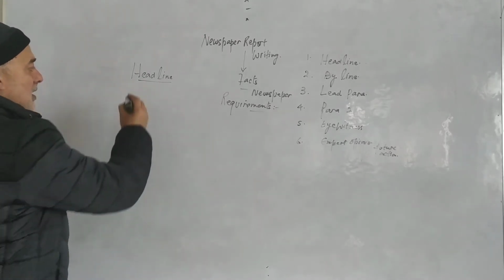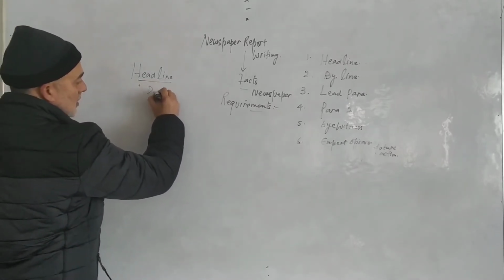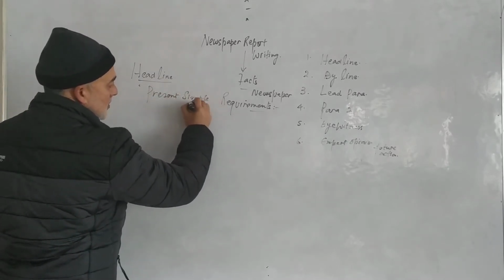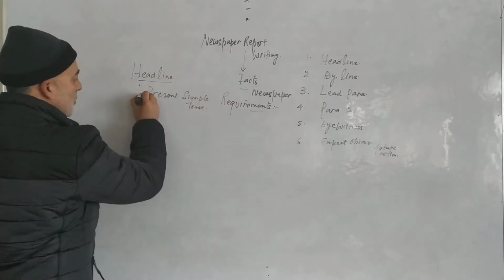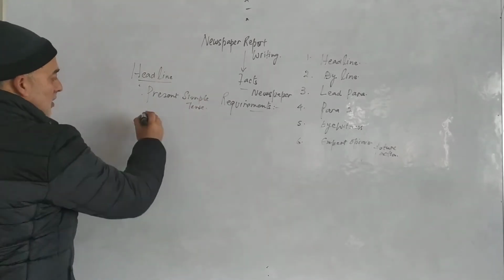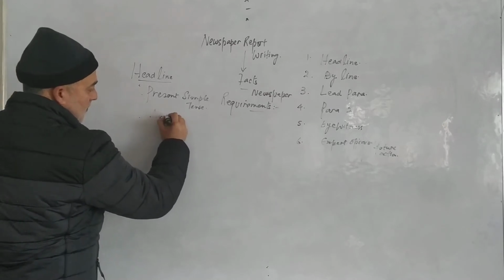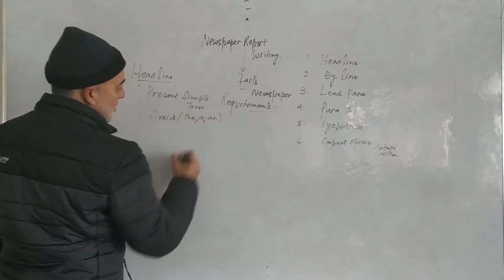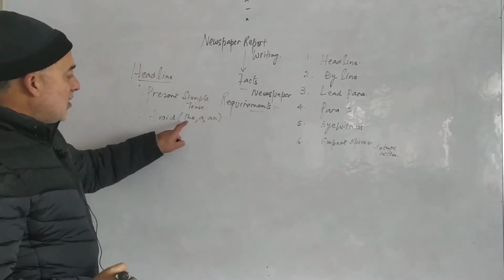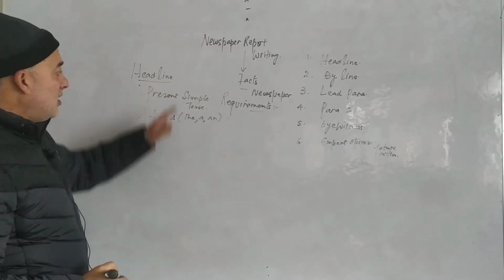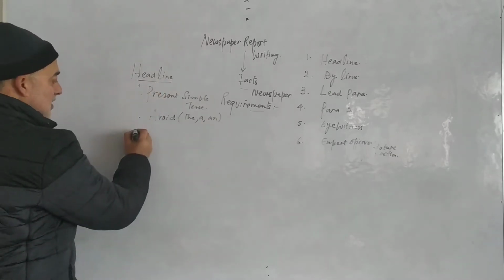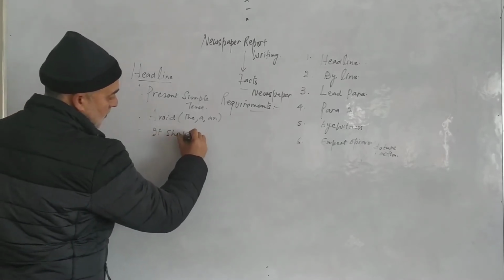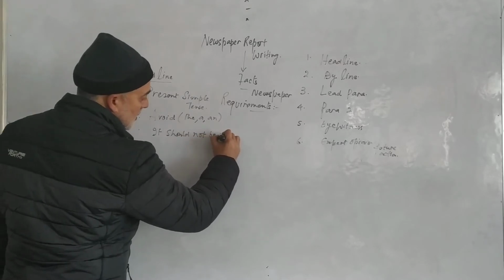This headline must be written in present simple tense. Number 1 requirement. Number 2, avoid articles. It means we cannot use a or an in a news headline. Third, it should not be a sentence.